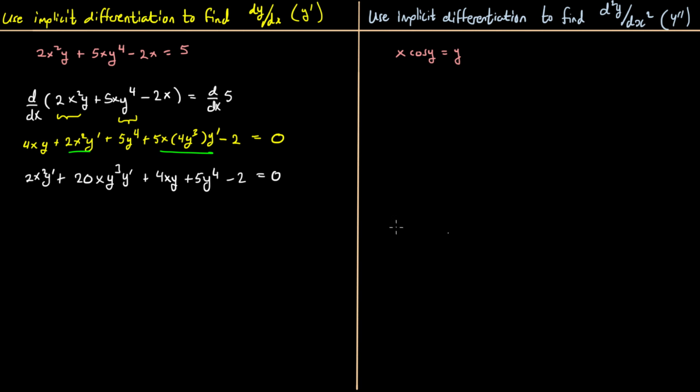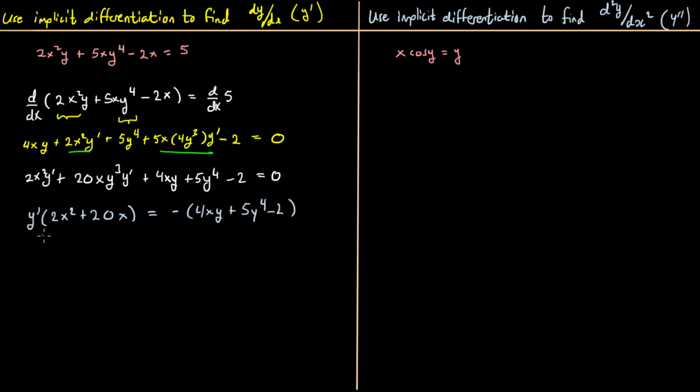We can factor out the y prime, and we would have y prime times 2x squared plus 20xy to the power 3 is going to be equal to all of this term transposed over here. So that's going to be a minus 4xy plus 5y to the power 4 minus 2.